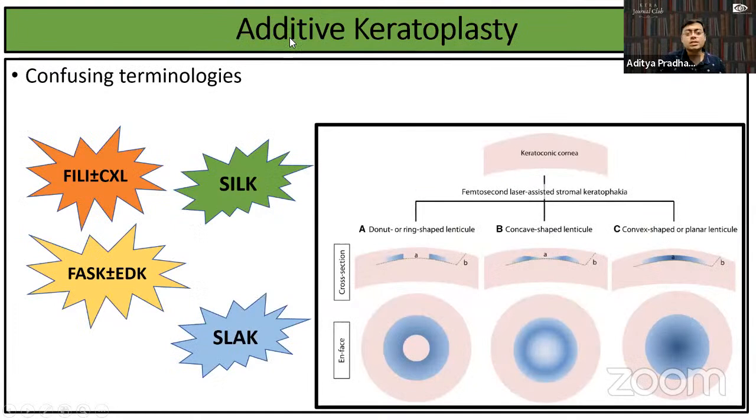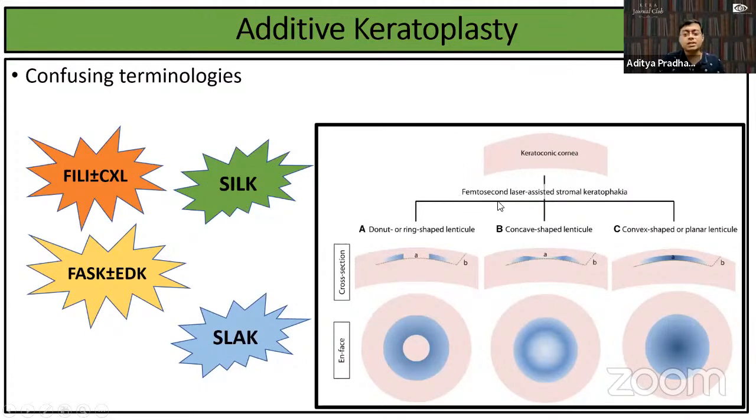The second option in the list is additive keratoplasty. In the literature I have gone through, there are various confusing terminologies with difficult short forms to remember. One is called Philly, one is called SILK, somebody has called it SLACK, somebody has called it FASK. It's very difficult to remember, but basically you have the keratoconic cornea.